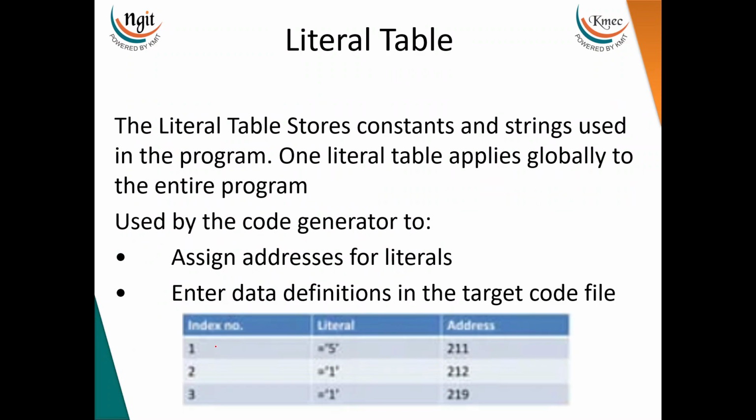And for everything, it gives a number based on the detection and the address where we are using it. Okay. So in the languages where the symbol table mainly maintains the information about identifiers, the literal table is used to store the information about all the remaining tokens, right?